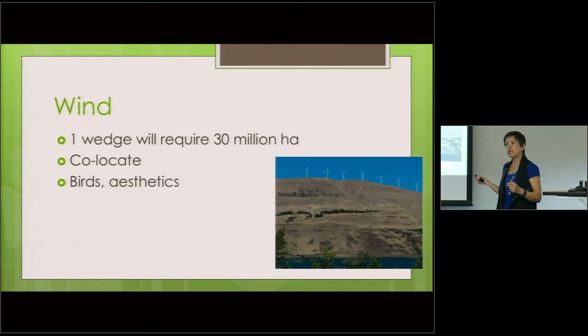But a lot of people don't like to see these. So they're maybe aesthetically not pleasing. They do kill birds. They also often stand in the ocean. And when they're drilling them, they have a big impact on marine mammals. So wind power also has some costs associated with it.